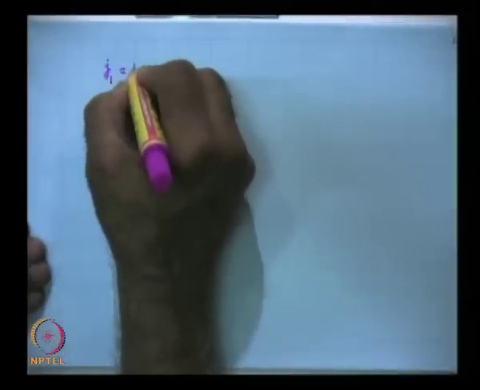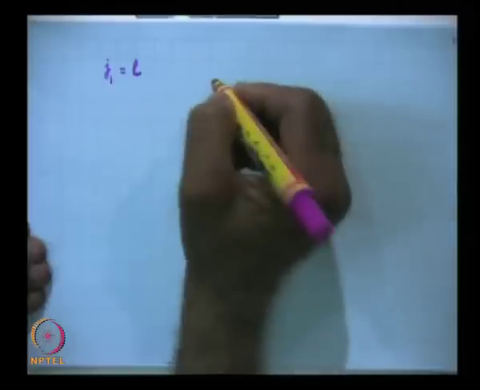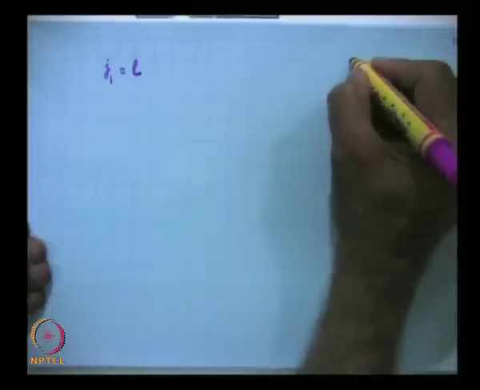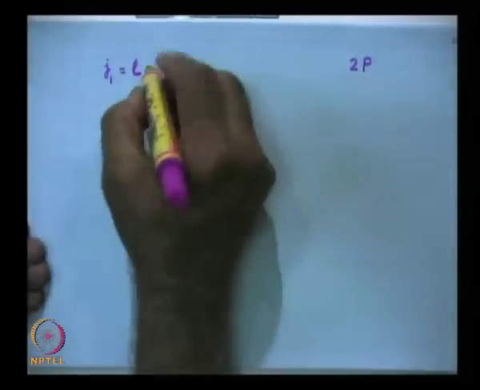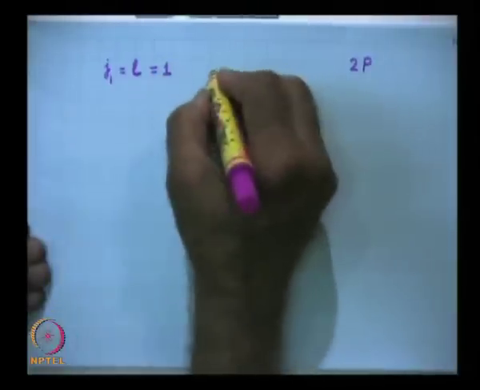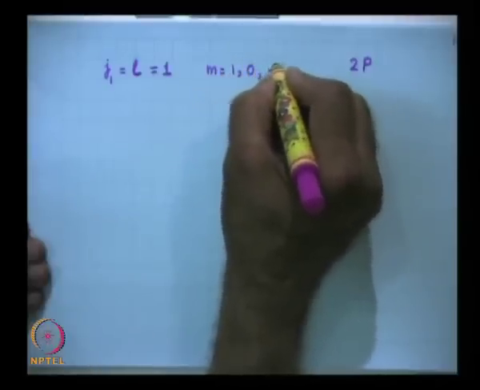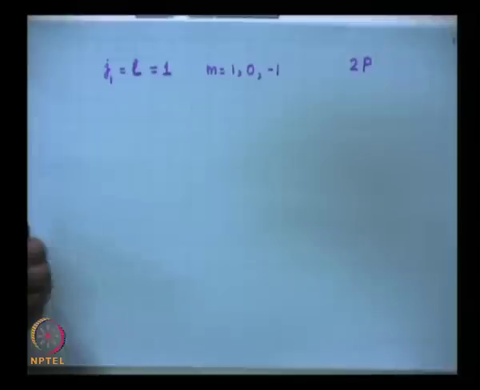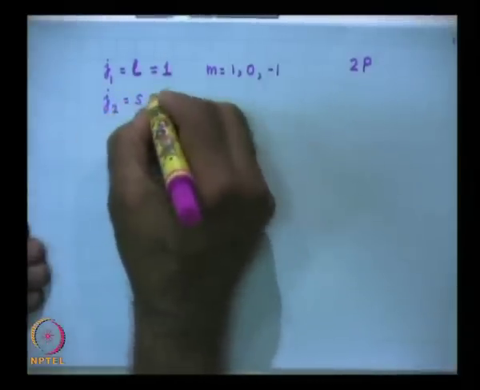So, we have two angular momenta, J1 which is the small l, and let us suppose I consider the 2p state of the hydrogen atom. So, L is 1, and therefore, m will take 1, 0 and minus 1, and J2 is equal to S is equal to half.